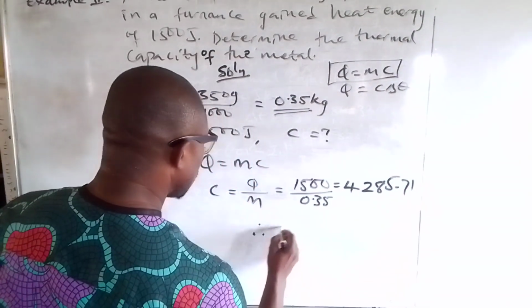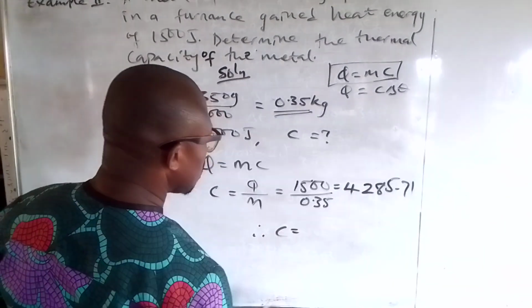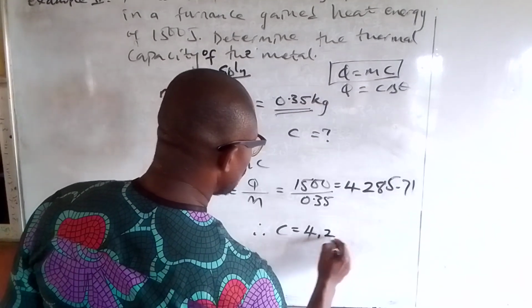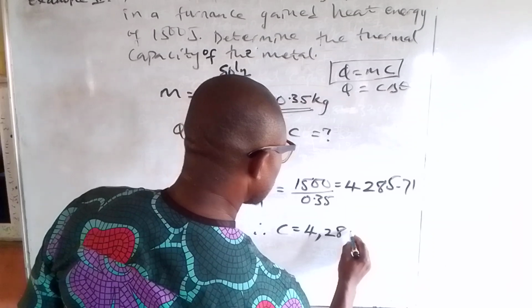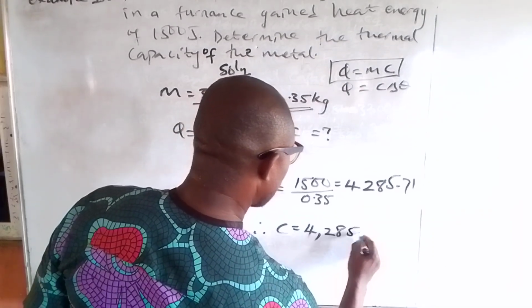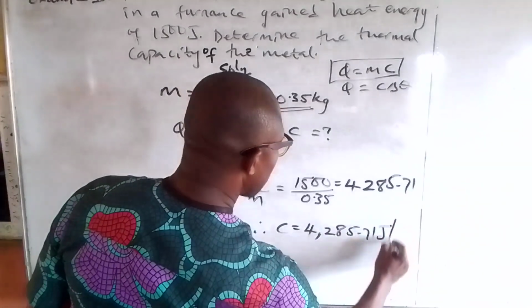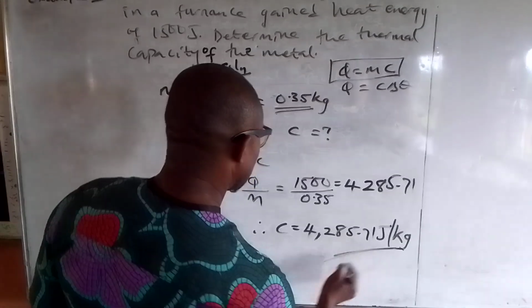Therefore, the thermal capacity is equal to 4,285.71 joules per kilogram. All right, this is our final answer.